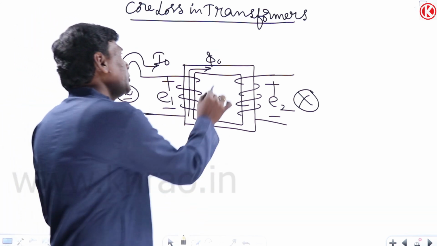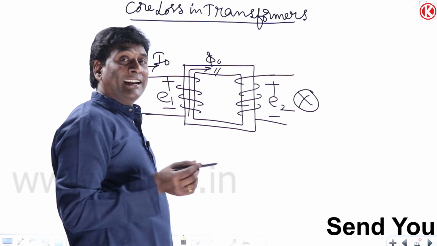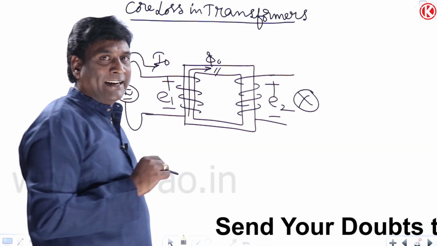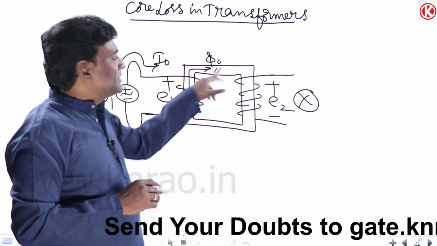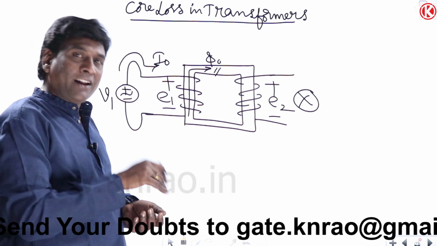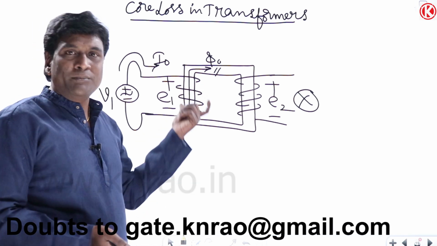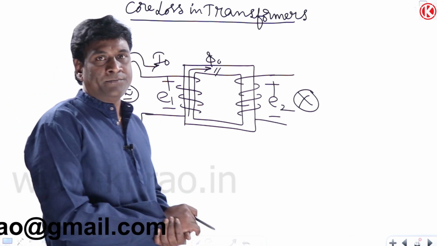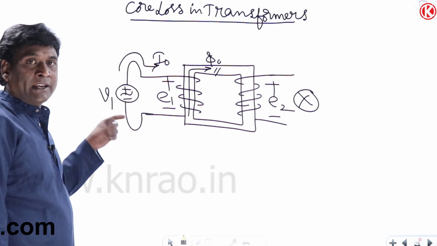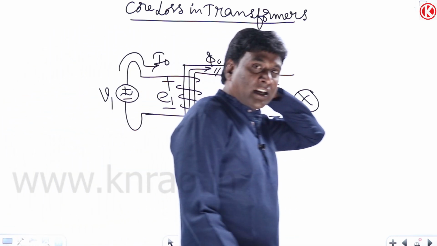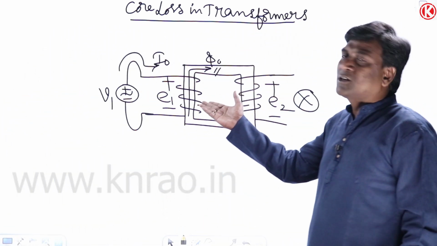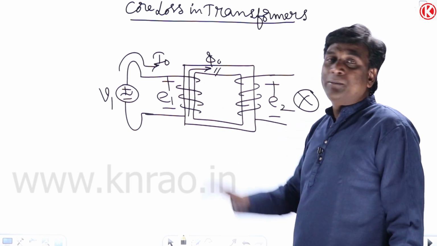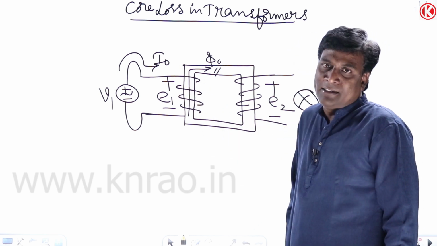Now this is a magnetic field, in ideal conditions of iron, meaning losses will not be there. When losses are not there, in order to set up the magnetic field we need not supply any power, or lose any power, but current has to flow, voltage has to be there. Meaning that with respect to voltage, current should lag behind by 90 degrees, because it's an inductor only. Current should lag behind voltage by 90 degrees, like the network theory inductor.